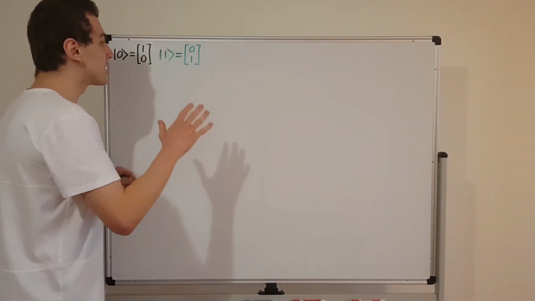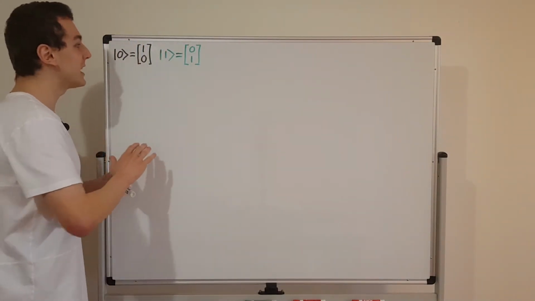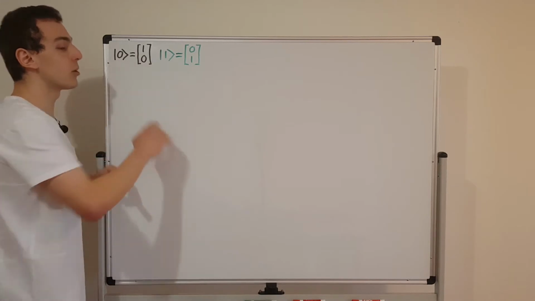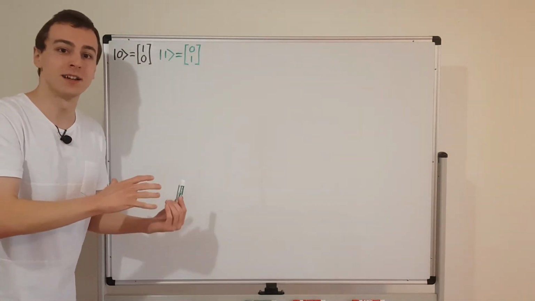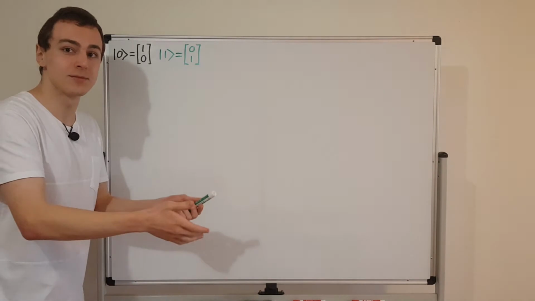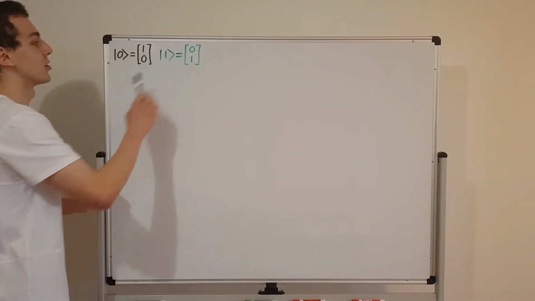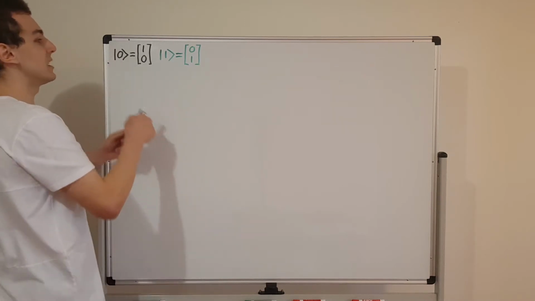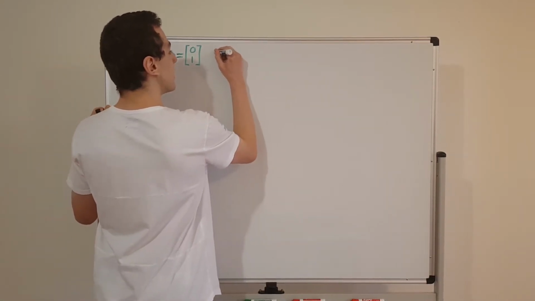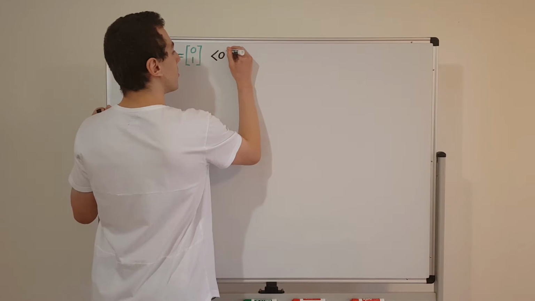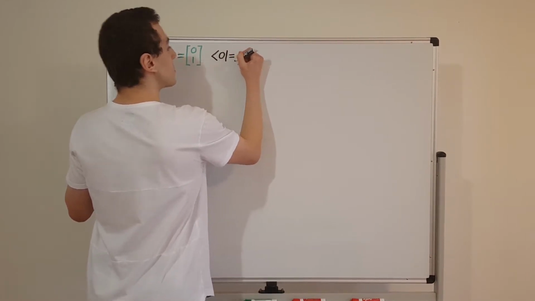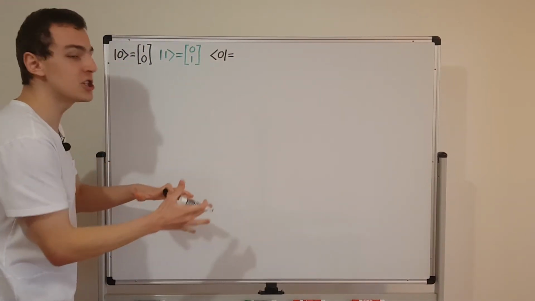Now, because we're using Dirac notation, it is very convenient to write down the kets. We can also write down the bras. So then we'll have bras and kets. Let's write down the bra versions of these vectors over here. So the bra version of 0 looks like this. We have the bra version of 0. And the matrix representation is going to be the Hermitian adjoint.